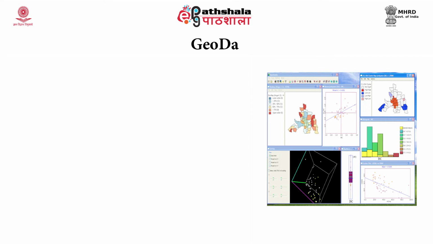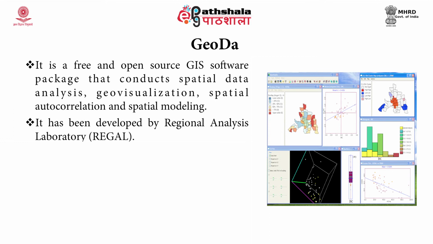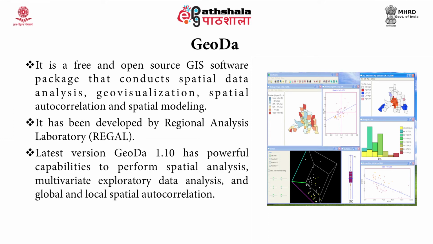Similarly, we have another software, GeoDa, which is also a free and open source GIS software package that conducts spatial data analysis, geovisualization, spatial autocorrelation, and spatial modeling. It has been developed by Regional Analysis Laboratory. Its latest version is 1.10, which has powerful capabilities to perform spatial analysis, multivariate exploratory data analysis, and global and local spatial autocorrelation.